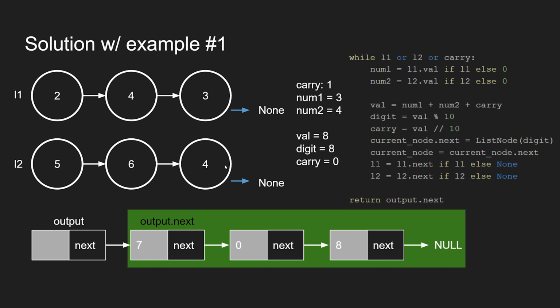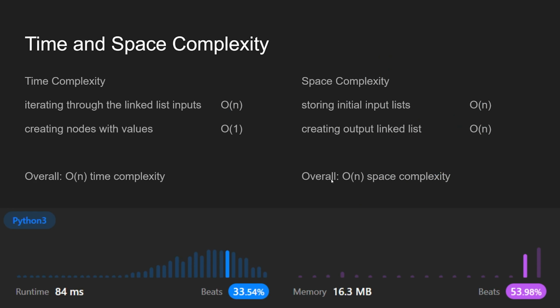So it's just O(n), where n is the length of the longest linked list. And for space complexity, we're storing the initial input lists, and we're also creating an output linked list, so O(n). And overall, it's going to be O(n) in both time and space.